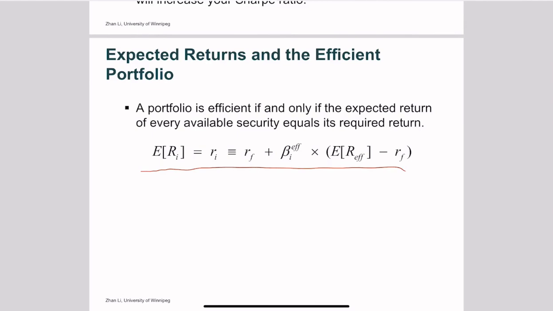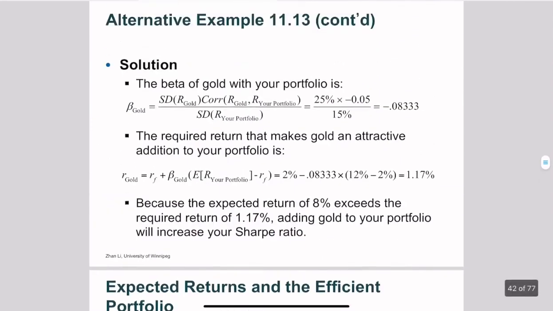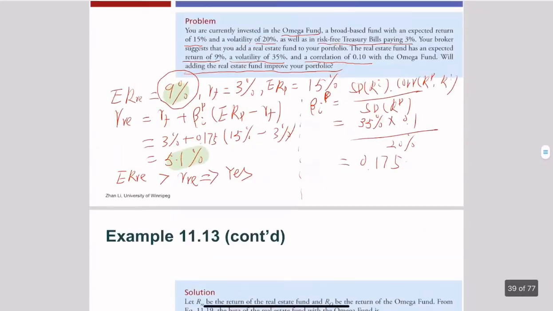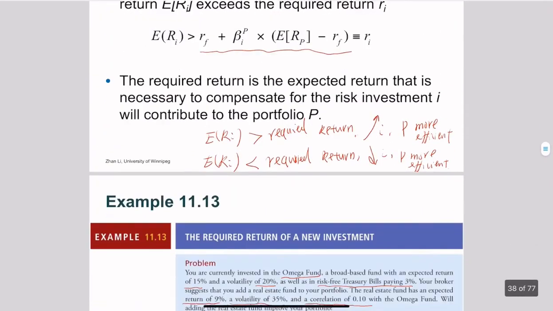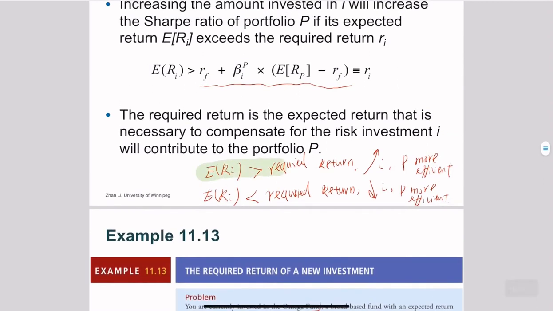Now, why does this hold? Why is this true? Well, if you recall what we just talked about, if you look at this result, it basically tells you that if a portfolio is not efficient, then the expected return is either larger than required return, or it is smaller than required return.